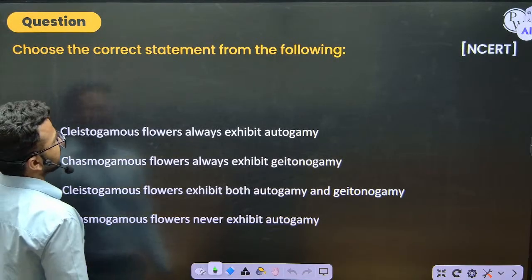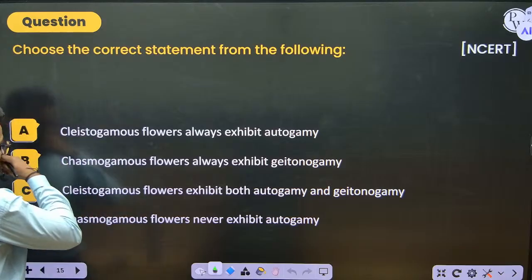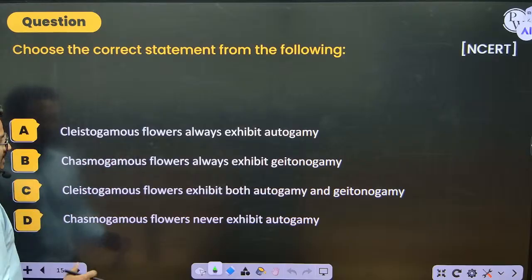Choose the correct statement from the following. Coming to the first statement, we get the answer.